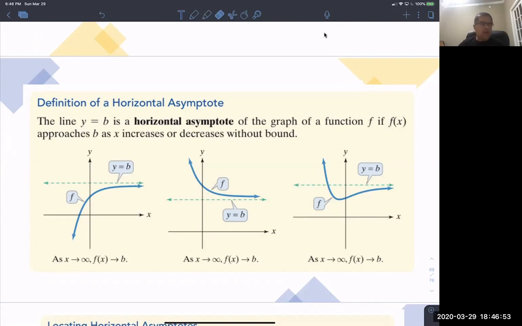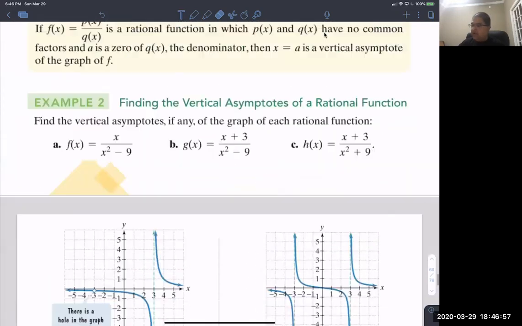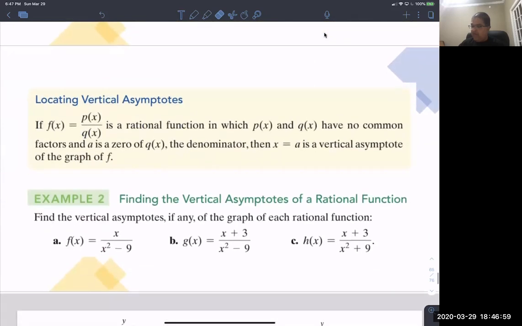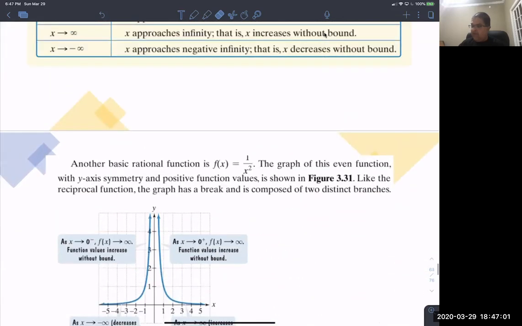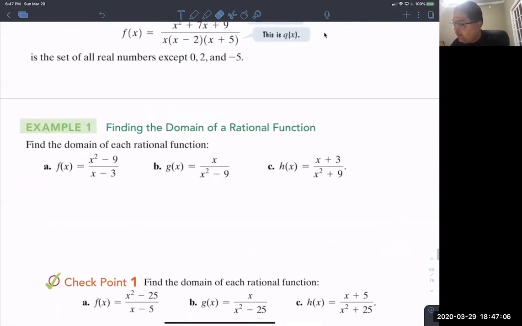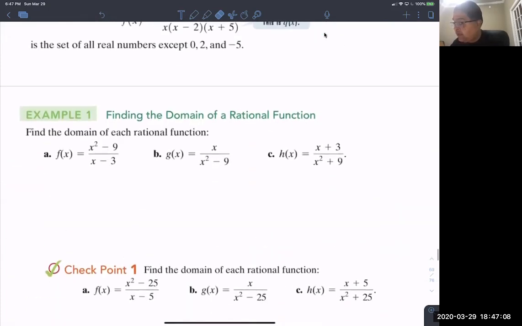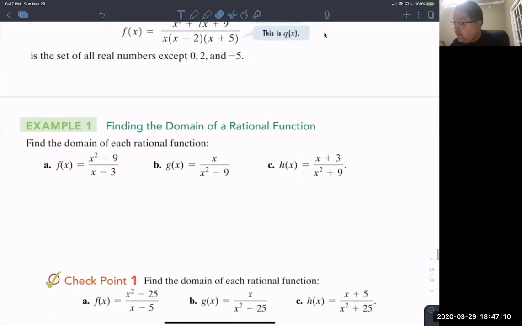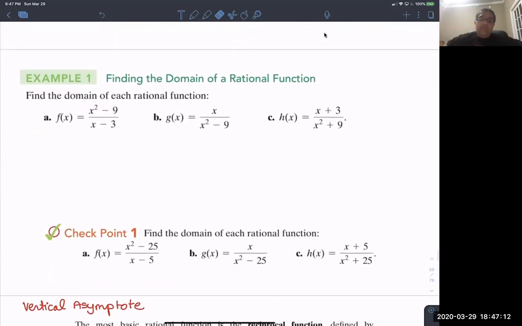Okay. Now, let's go back and talk about the domain of a rational function. So, remember, in a polynomial function, a function whose denominator was 1, the domain was all real numbers.